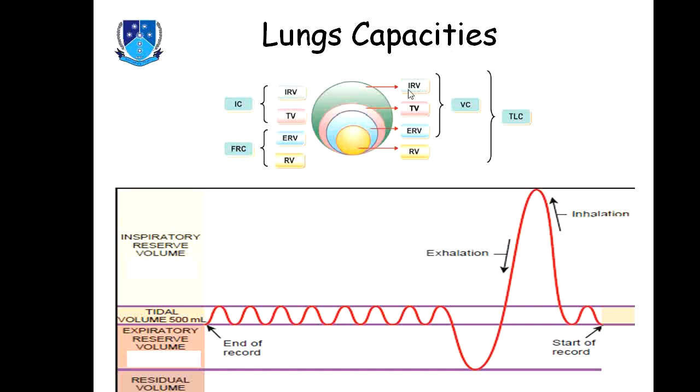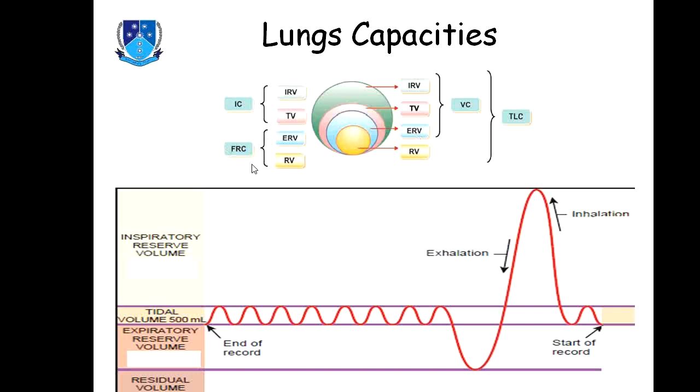So the combination of inspiratory reserve volume, tidal volume, and expiratory reserve volume, 3.3 liter plus 0.5 liter plus 1 liter, is 4.8 liter. That is the vital capacity of the lung.